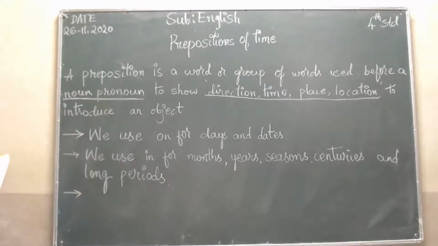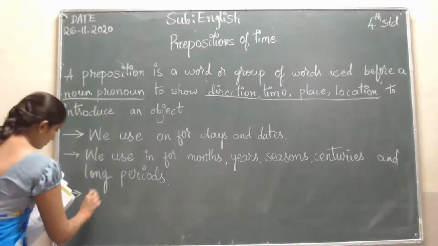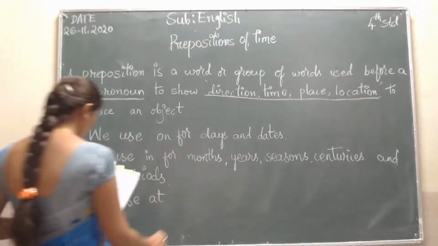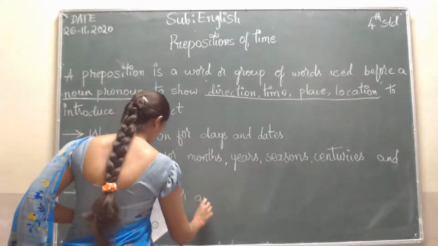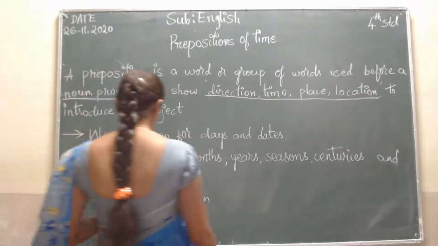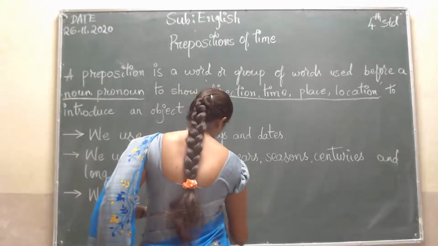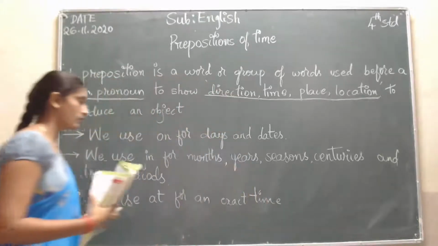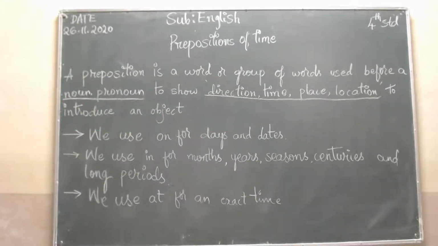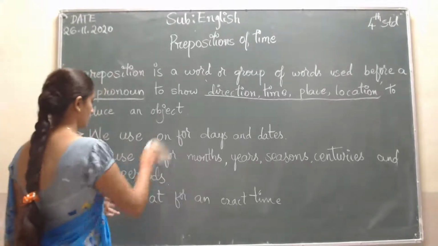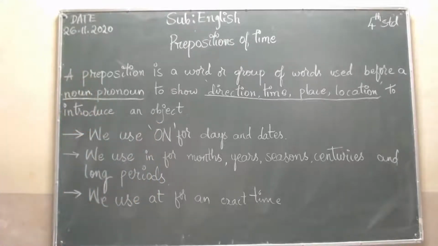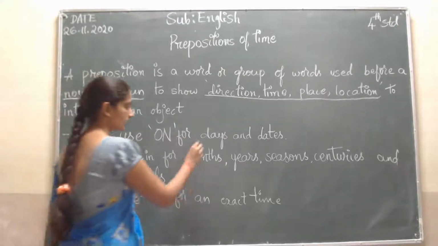Next point is we use at for an exact time. So when will we use on? We use on for days and dates, just to inform about days and dates.